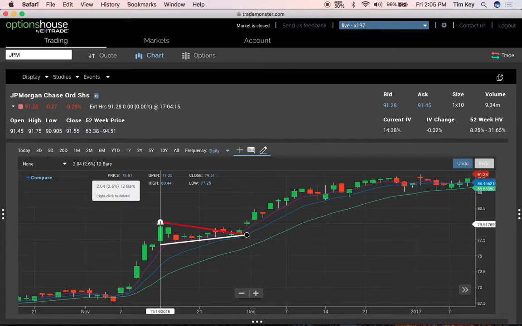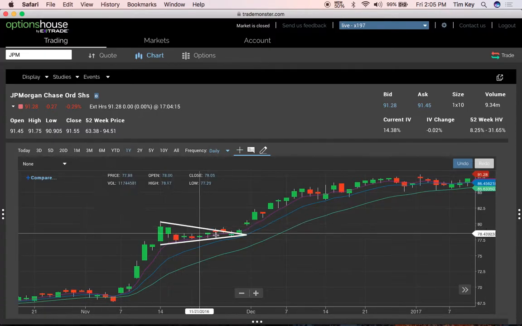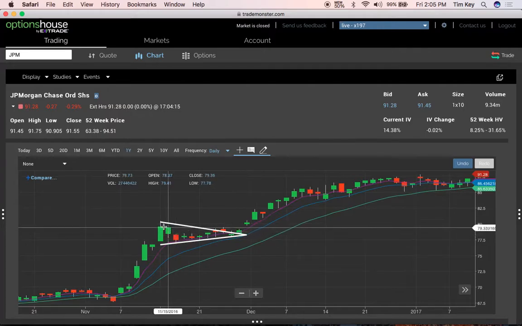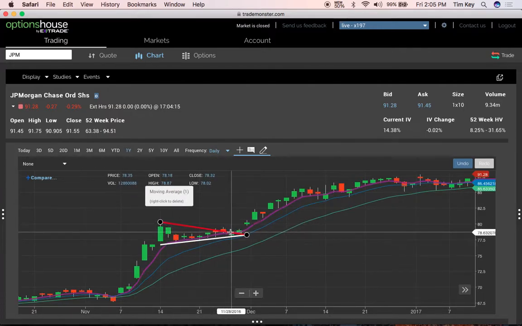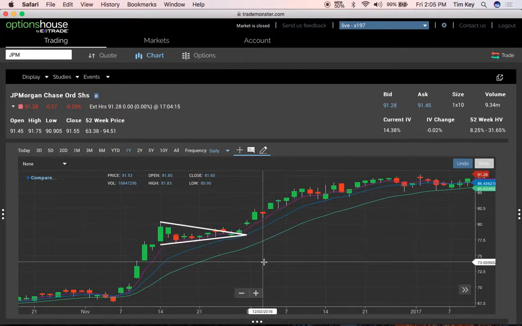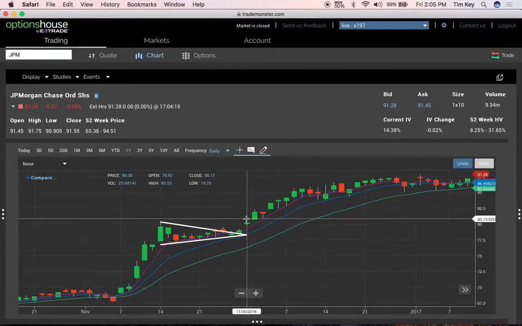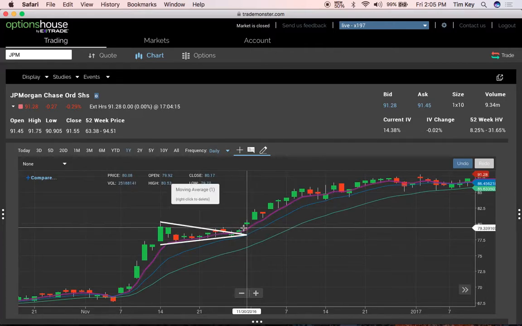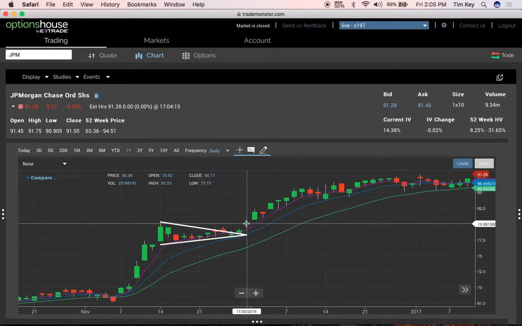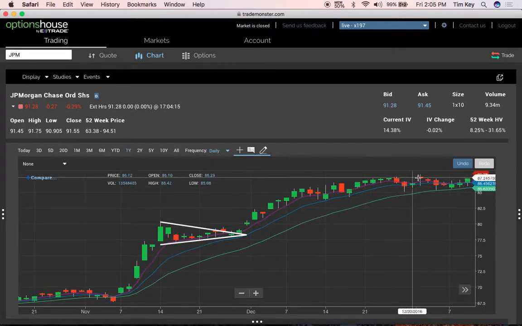Again, at this point, this is called a consolidation pattern. You want to wait till it breaks out, either to the upside or to the downside. In this case, you could say this candle right here was confirmation that it was breaking to the upside. Then it continued, from around $80 up to as high as around 87, a $7 move over probably about a month's worth of time.